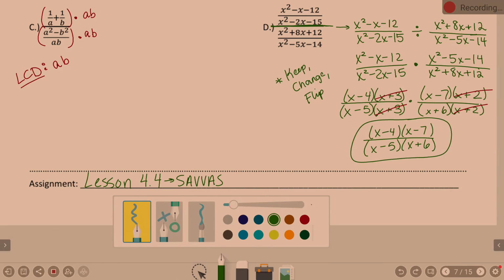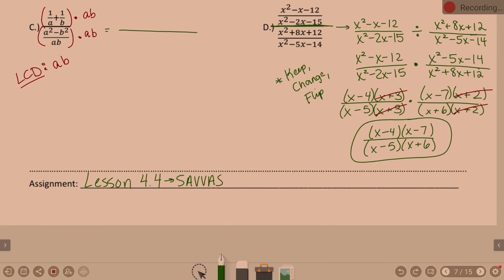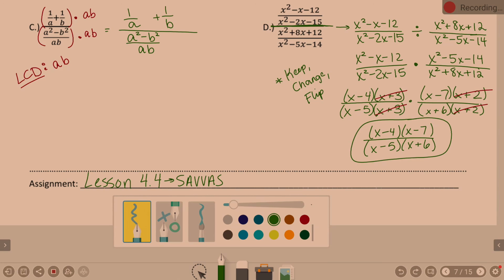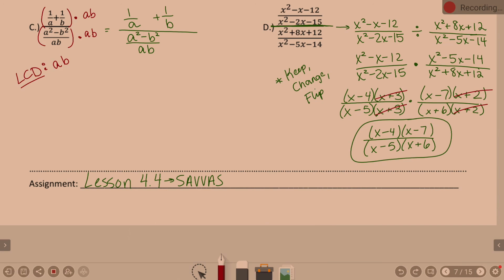So 1 over A is going to be multiplied by AB. 1 over B is going to be multiplied by AB. And A squared minus B squared over AB is going to be multiplied by AB. What's AB as a fraction? AB over 1. So every single term is getting multiplied by AB over 1.